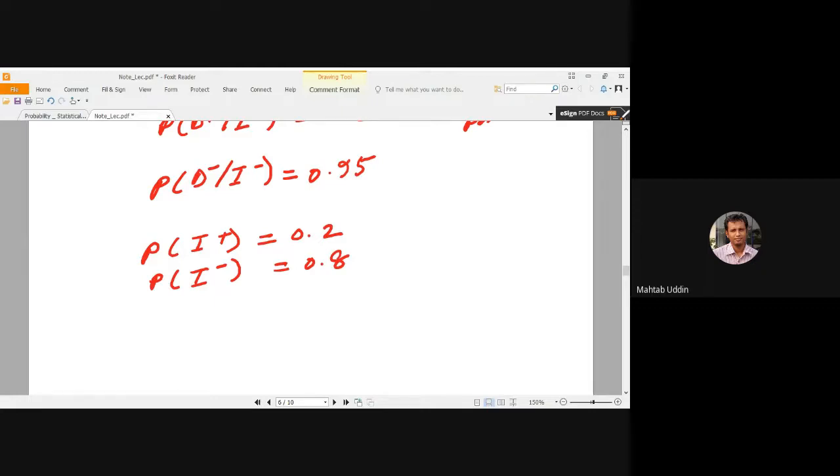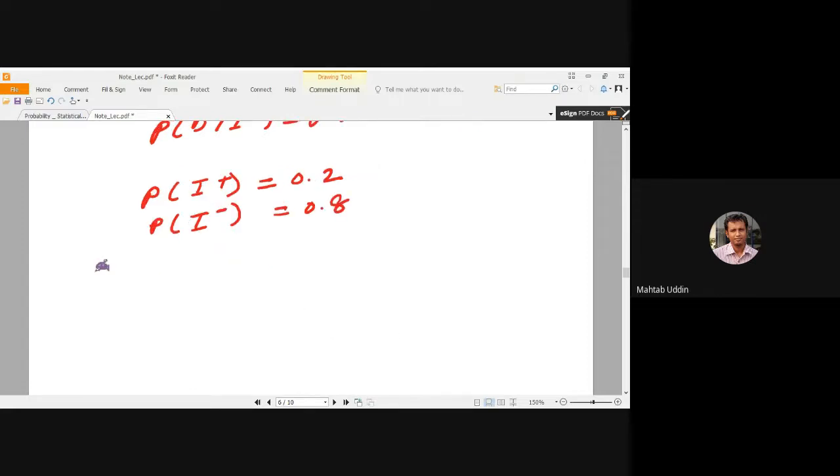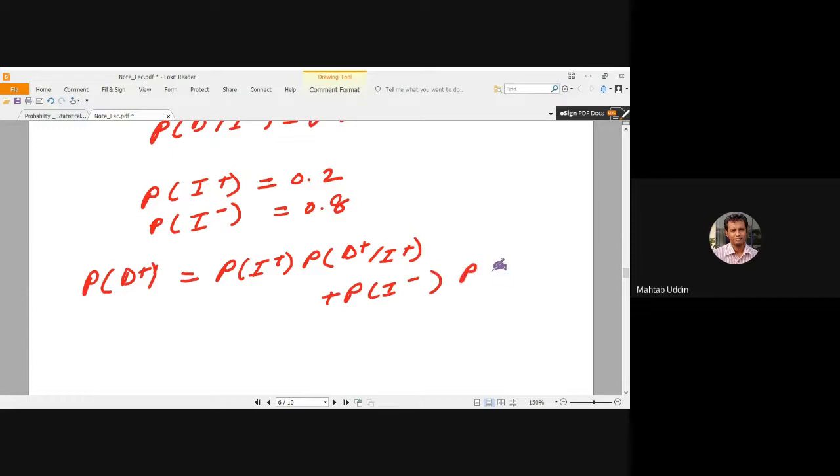Now, what can we find? What is the total detect? It can be detected if no impurity is present, also if impurity is present. That is, if impurity is present, then detected. Also, if impurity is not present, then detected. Both of them come as the detection.